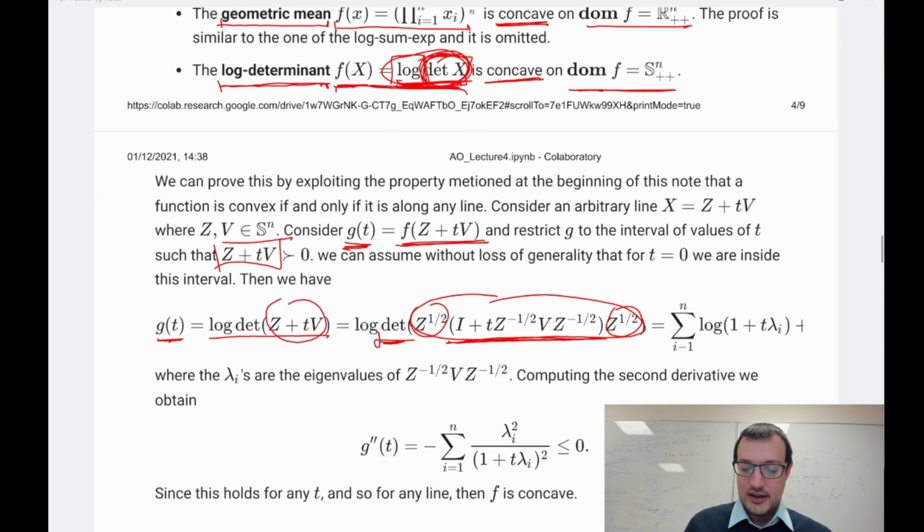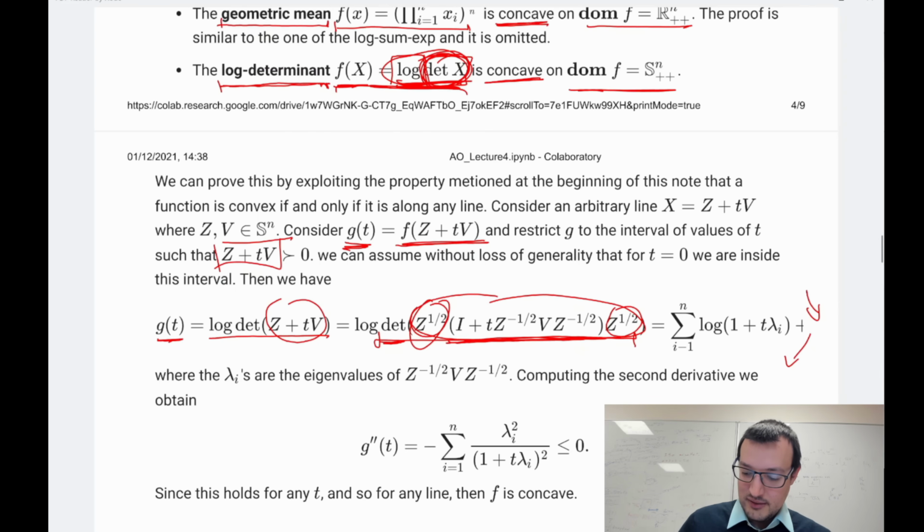So the determinant here is equal to the determinant of z^1/2 times z^1/2, which gives you back z, and that is going to be here. It's not visible. Sorry for the fact that this handout is cut. In the normal handout, this is not cut, but that's what you're going to get there. So it is the log determinant of z.